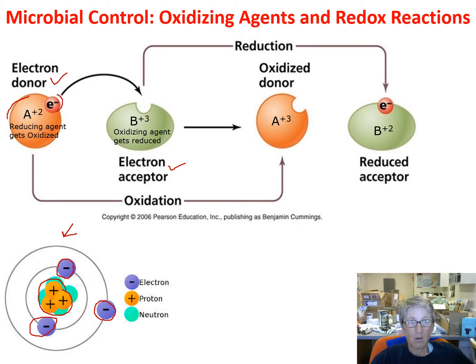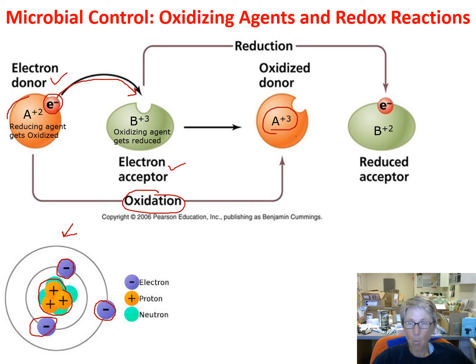And it's got an electron. So once it donates its electron to molecule B, that means molecule A has lost one negative charge, so it's going to become more positive. So the orange ball gets oxidized and becomes molecule A3+. When it loses an electron, it got less negative.